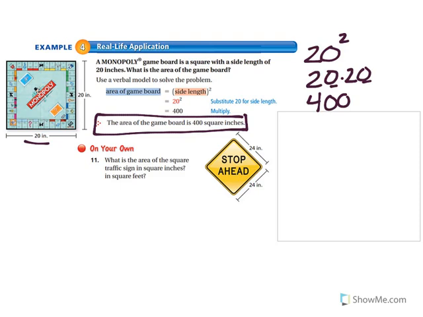All right, let's finish this up. So it says, what is the area of the square traffic sign in square inches? So again, we know that the side length is 24. So I'm going to go ahead and write 24, and it's going to be 24 squared, right? Which is 24 times 24. I can't do that in my head, so you probably can't do that in your head. So I'm going to do 24 times 24. 4 times 4 is 16.